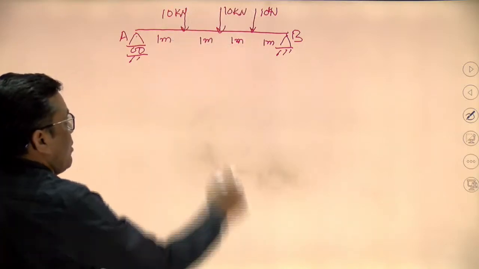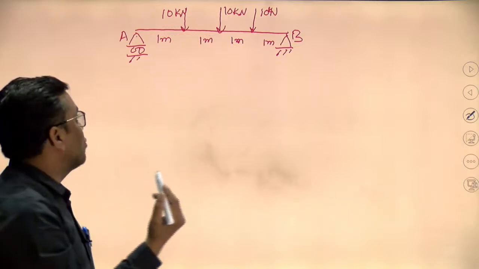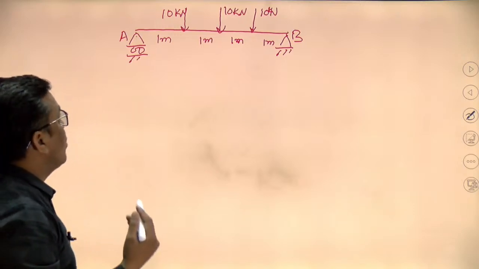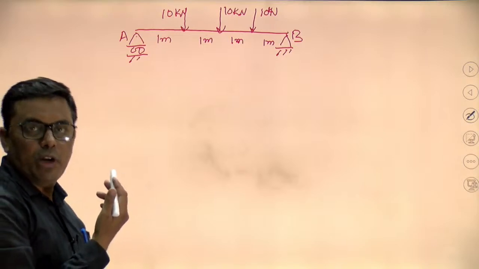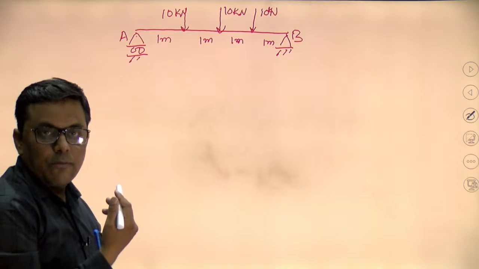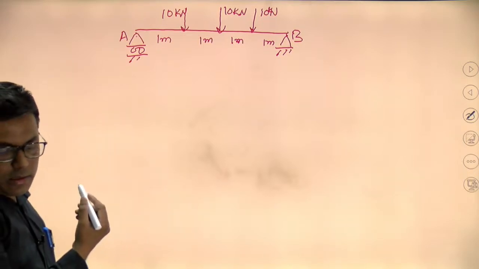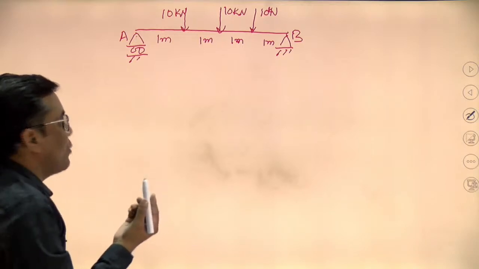Okay. So, can we find out the support reaction? Students who are available in the live lecture can write the answer: what will be the support reaction for this? Very simple one. We have already gone through two difficult types of problems. Anyone who can find out the support reaction here?